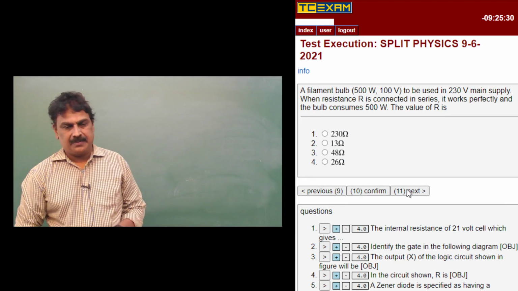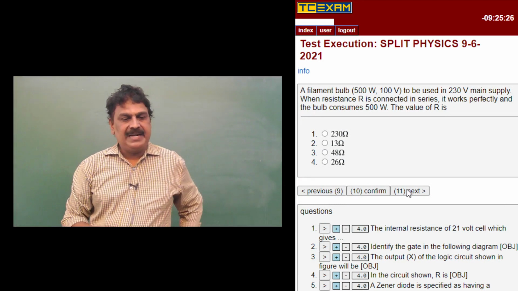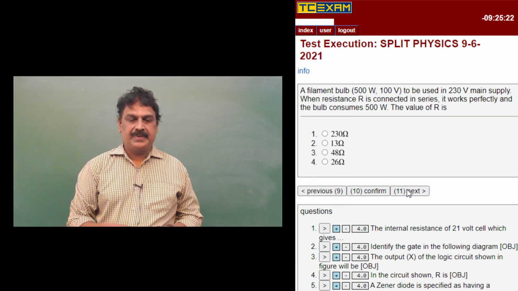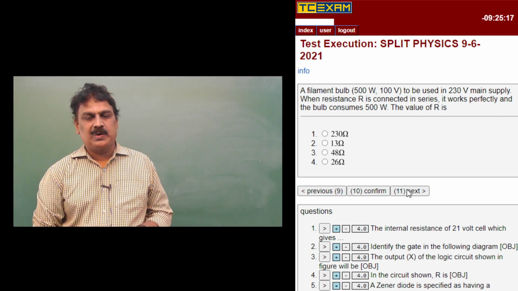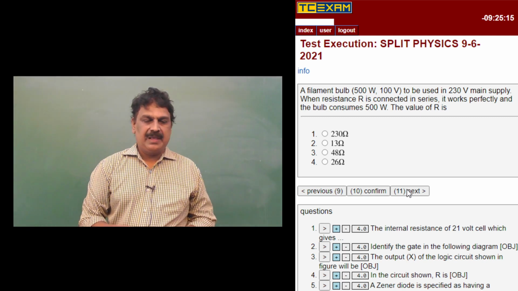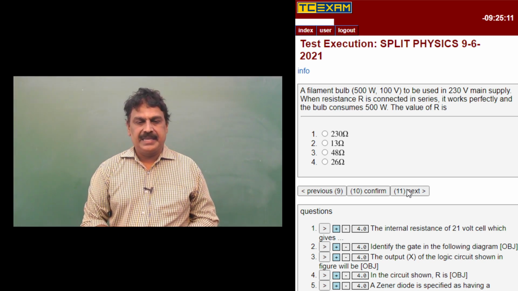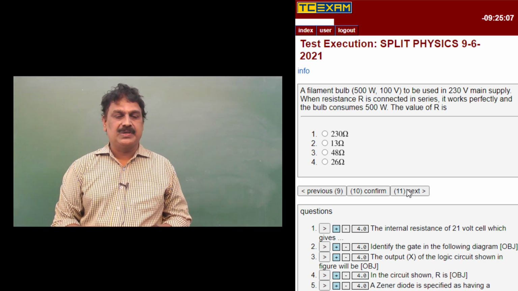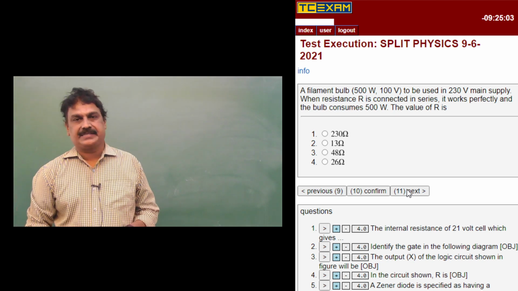Now, the next question is a filament bulb of 500 watt 100 volt to be used in a 230 volt main supply. When a resistance R is connected in series, it works perfectly and the bulb consumes 500 watt. The value of R is.